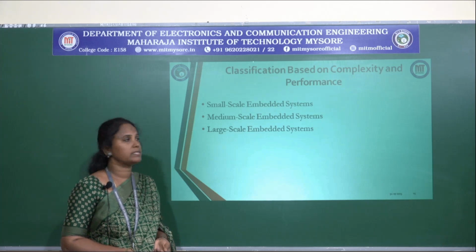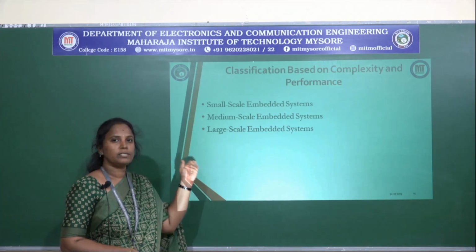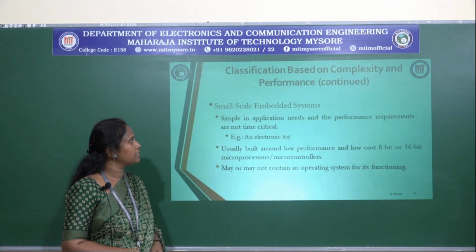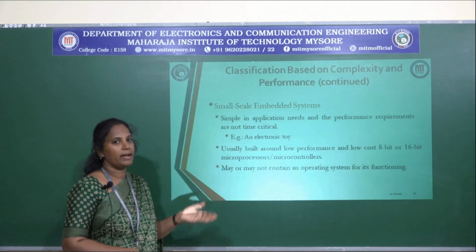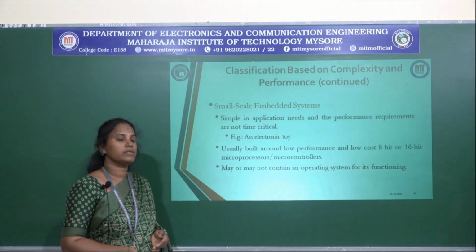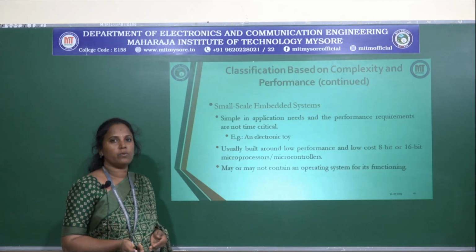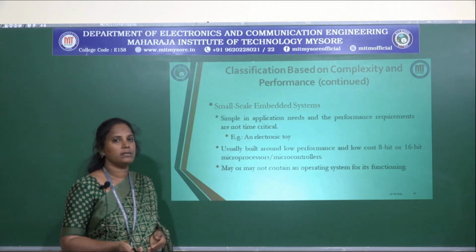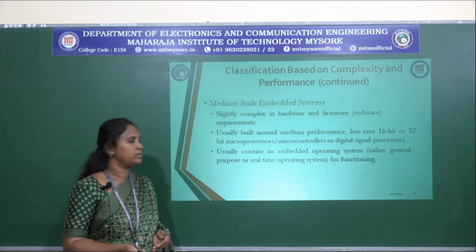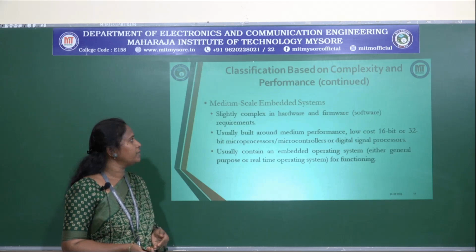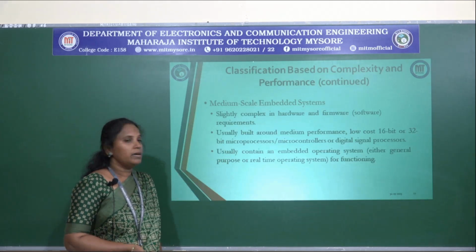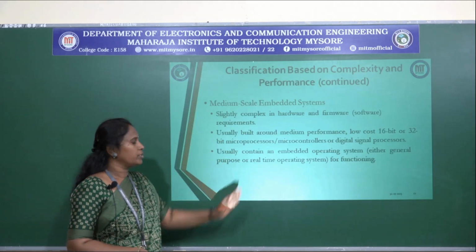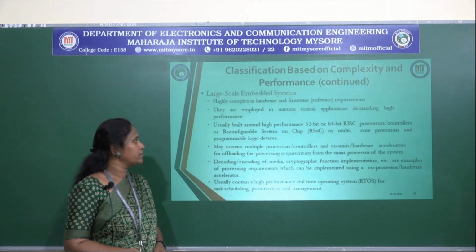Next, depending upon complexity and performance, we have small scale, medium scale as well as large scale embedded systems. Small scale is simple, and for example it can be used in toys that children play with, like cars, dolls, etc. Medium scale has slightly complex hardware and software, and it consists of an embedded operating system.